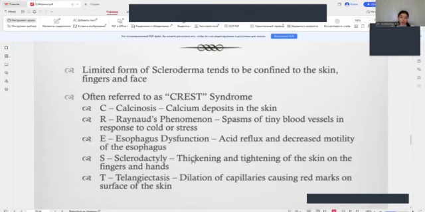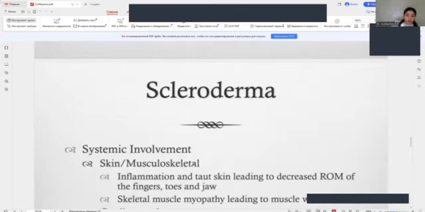E is esophageal dysfunction. S is sclerodactyly, which is thickening and tightening of the skin on the fingers and hands. And T is telangiectasia, dilation of capillaries causing red marks on the surface of the skin, which you have seen before.